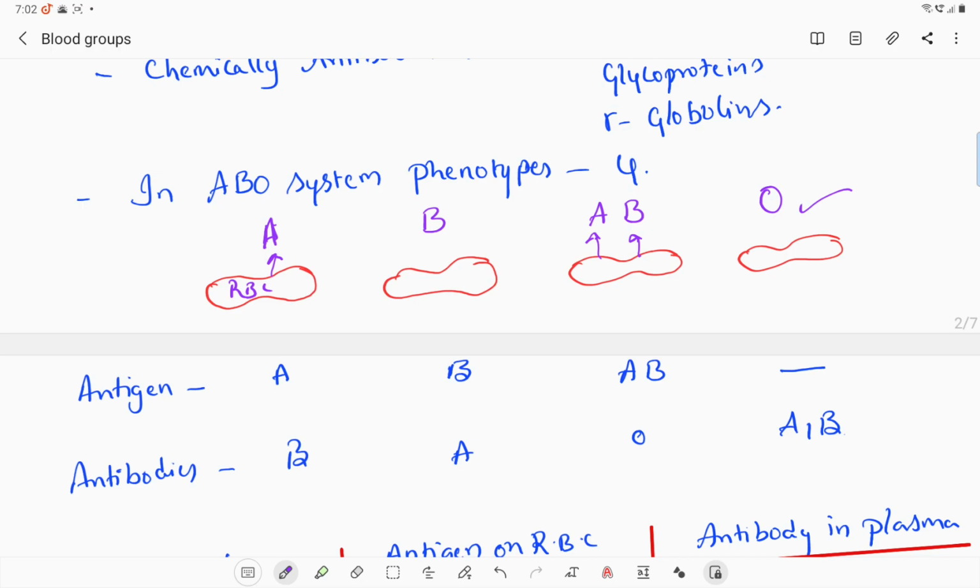Antibodies are basically 2 types, antibody A and antibody B. If antigen A is present on the surface of RBC, the antibody present in the plasma is antibody B. Similarly, if antigen B is present, antibody A. If both antigens A and B are present, there are no antibodies. If antigens are absent, that is O, then both antibody A and antibody B are present in the plasma.